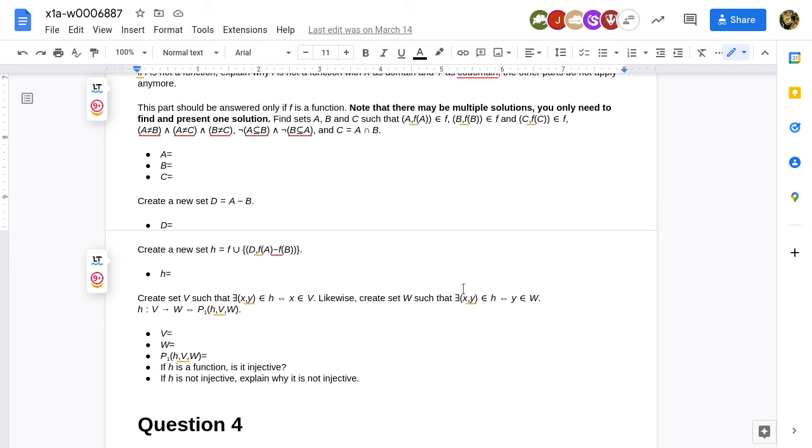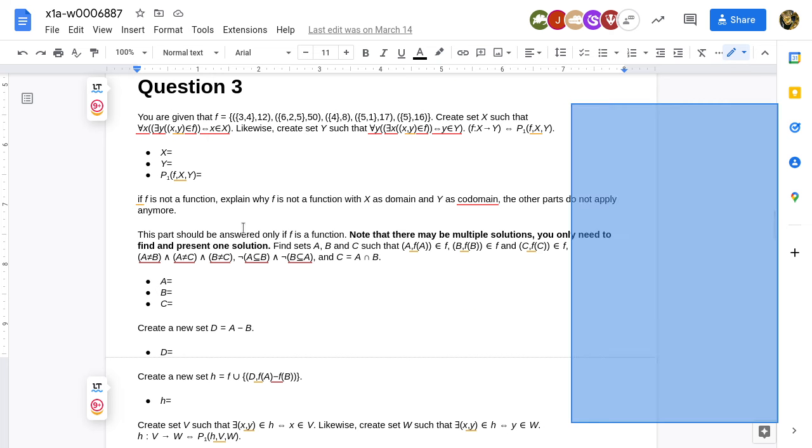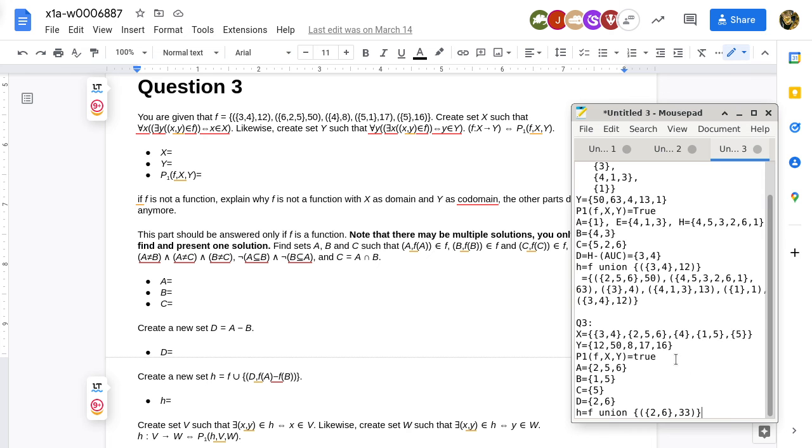H is a function, so now the question is, is it injective? In other words, we're really asking, did anything map to 33 before? I do not believe so, but let's double check. You look at the set Y and ask, is 33 in Y? The answer is no. So we still have an injective function.